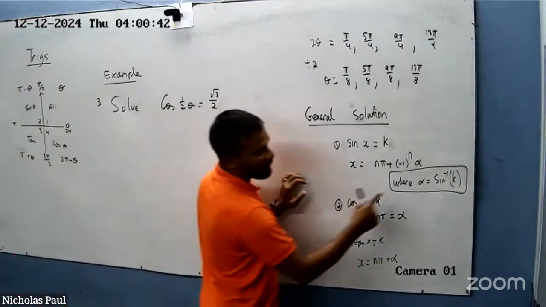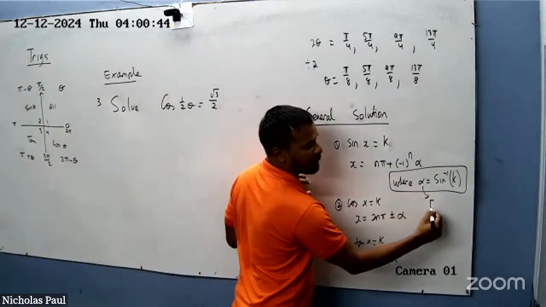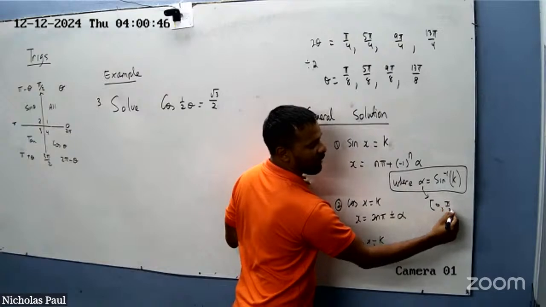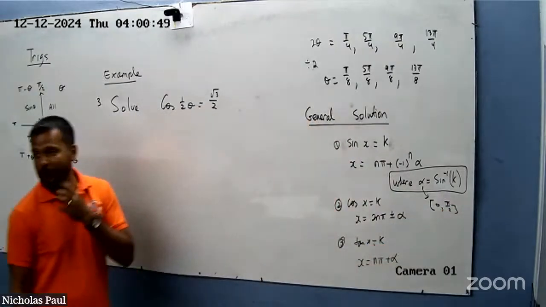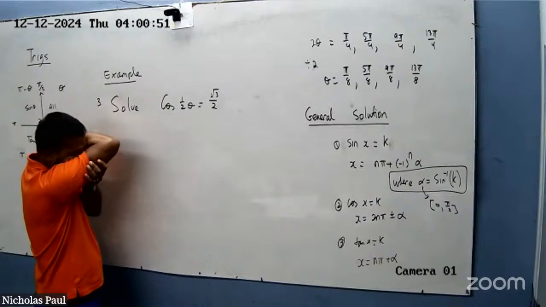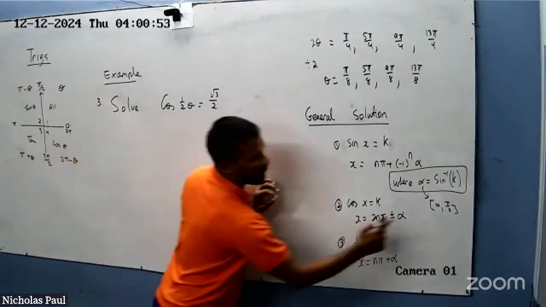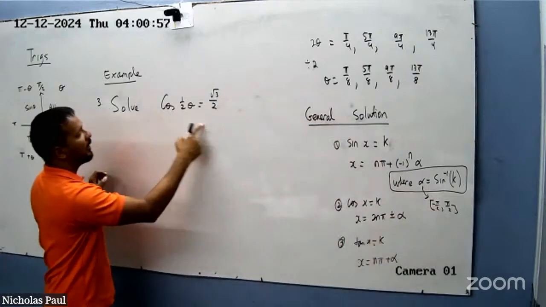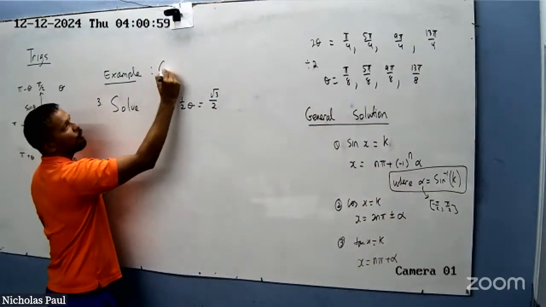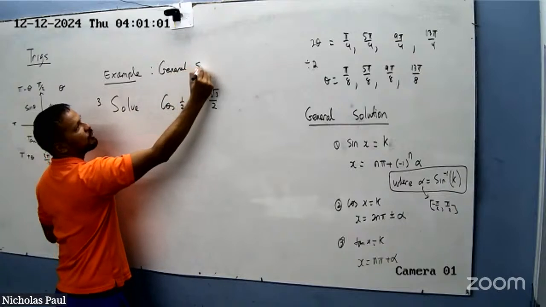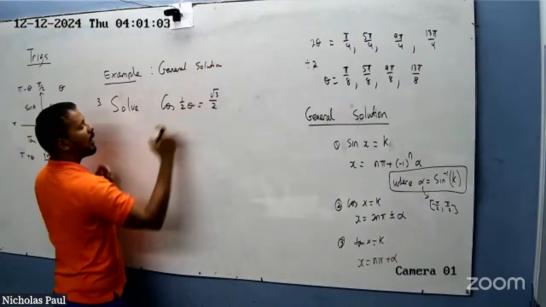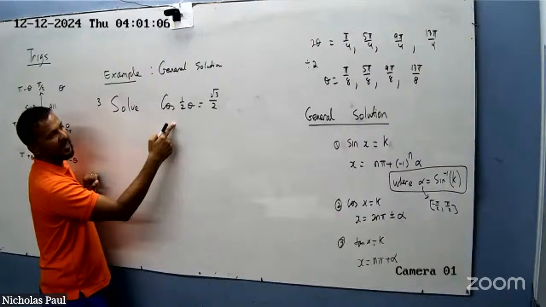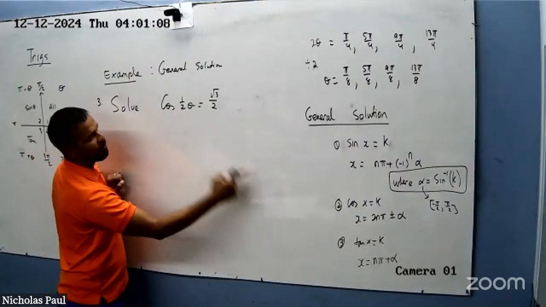I forgot to specify here that alpha is between 0 and 90. Actually, some people use minus as well. Watch this. How do I find the general solution here? All I have to do is find theta.